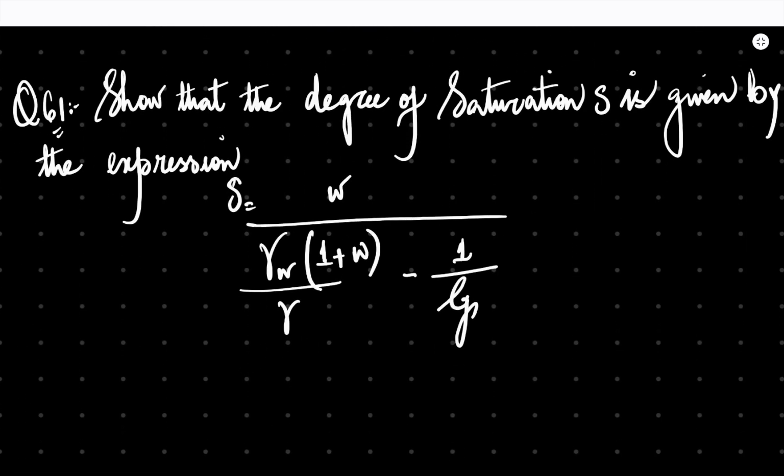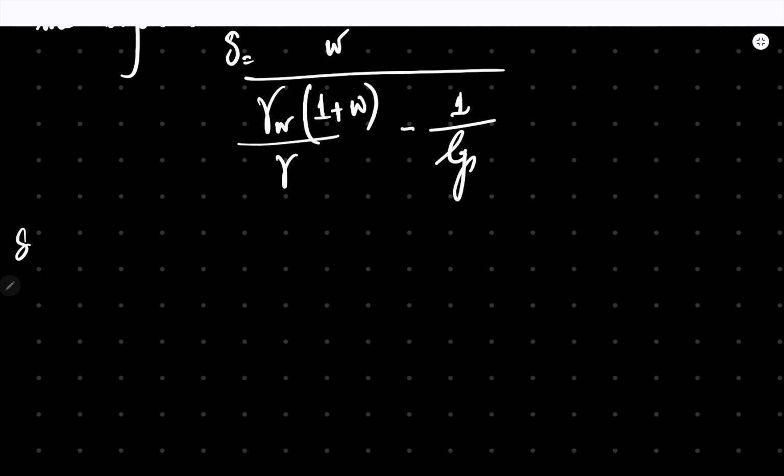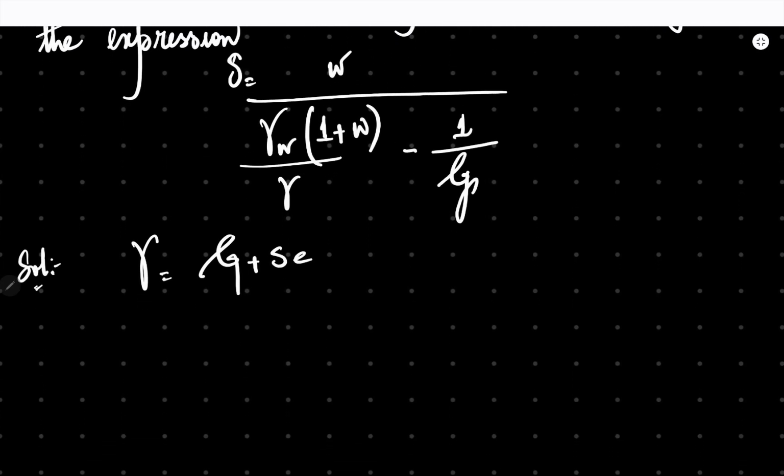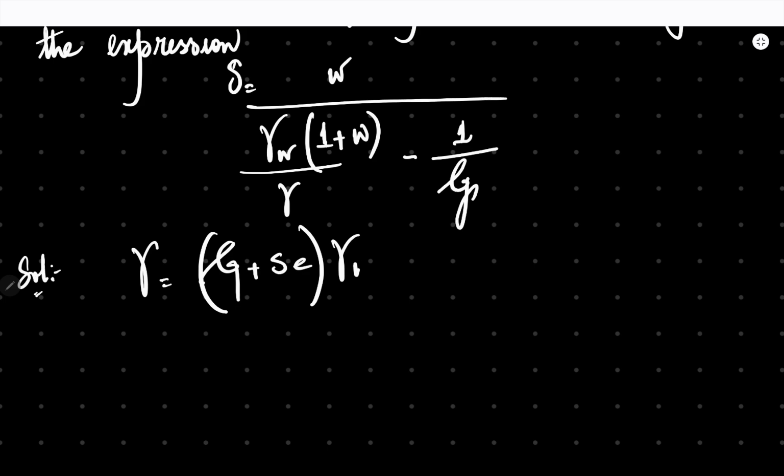Next question says, show that the degree of saturation S is given by this expression. We have to derive this expression for the degree of saturation. Proceeding step by step, we have bulk unit weight, as per the generalized equation, G plus SE divided by 1 plus E. This is the generalized equation for the bulk unit weight.